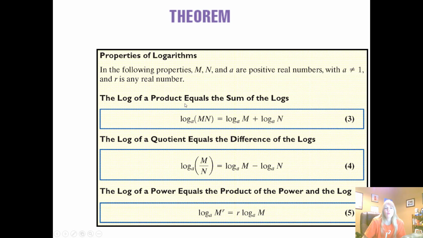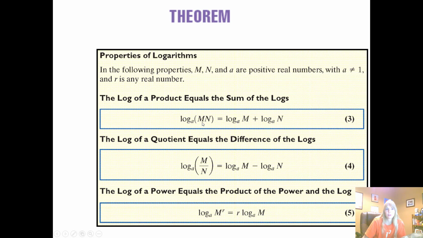So if you remember, when you multiplied with the same base, what did you do with the exponents? You added them. And that's why I say, if you can get the exponent properties down, the logarithms are the same. What did you do with exponents when you were dividing with the same base? You subtracted them. So notice the same properties here.